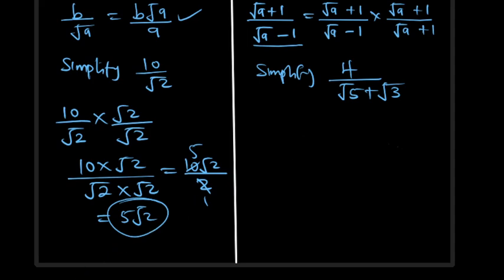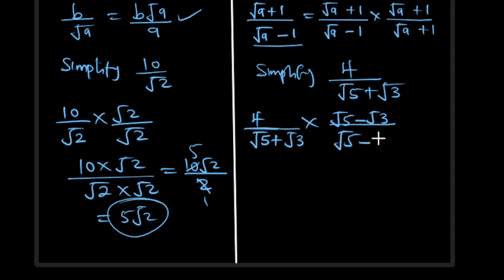So this will now become 4 divided by root 5 plus root 3 times root 5 minus root 3 divided by root 5 minus root 3.